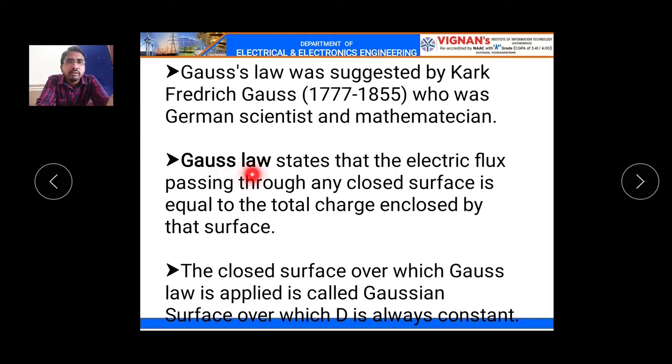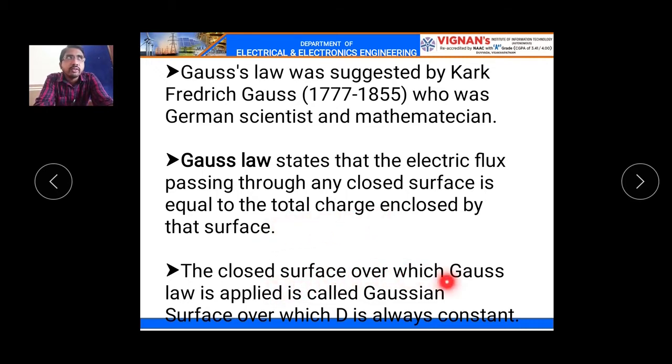So once again we will revise that. Suppose there is a closed surface like a sphere, now the total electric flux from that sphere is equal to the total charge present in that sphere. Okay, Xi is equal to Q, that is nothing but the Gauss law.